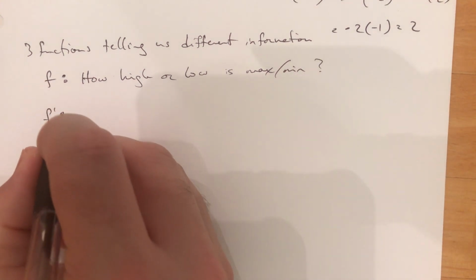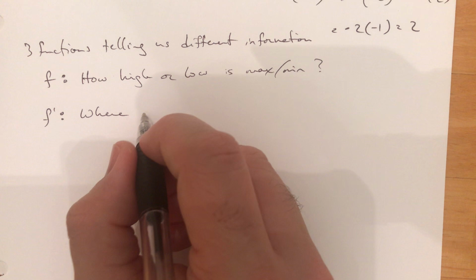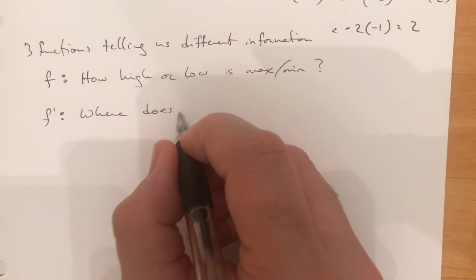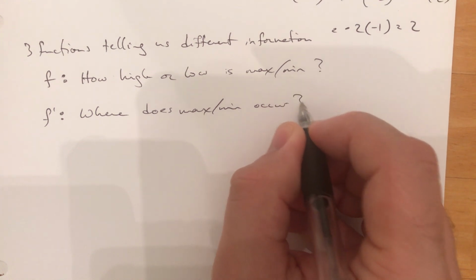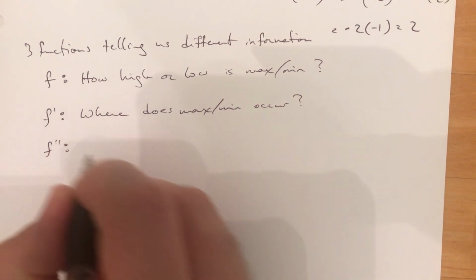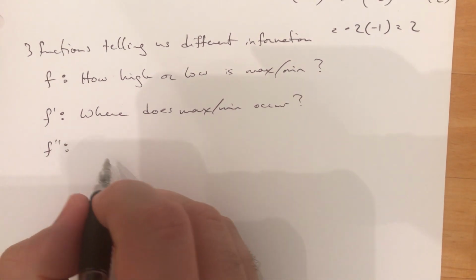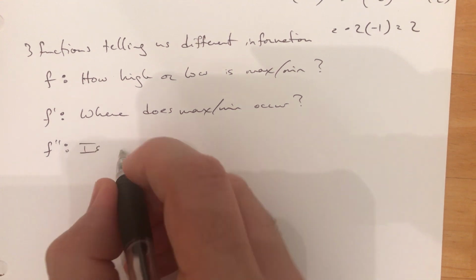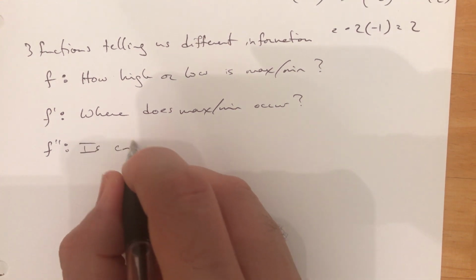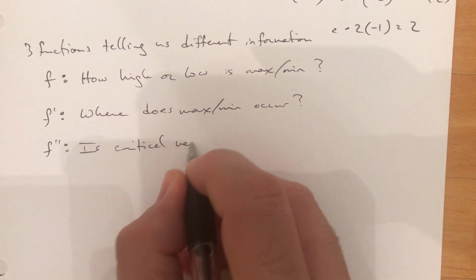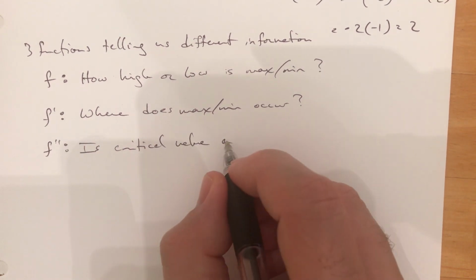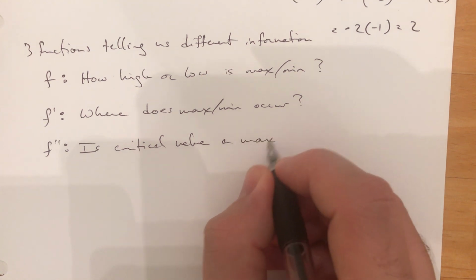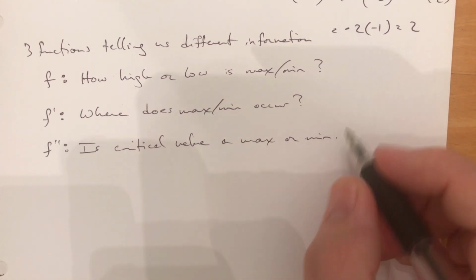F prime, where does that maximum or minimum occur? And F double prime tells us, is that critical value from F prime going to give us a maximum or a minimum?